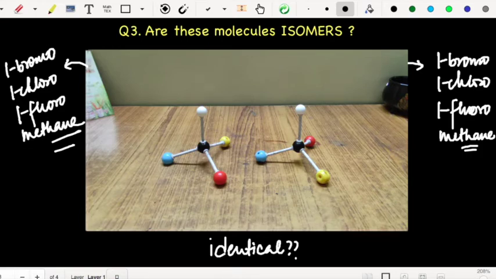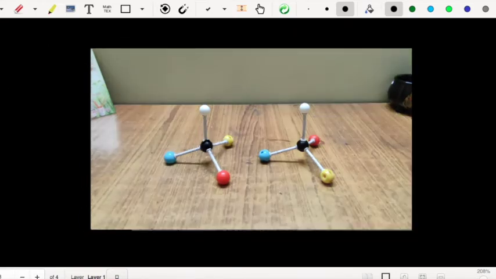There is some difference. In this molecule, we have a carbon atom at the center. We have a hydrogen atom out here, a bromine atom out here, and as you can see, we have the iodine atom coming towards us, while the fluorine atom is facing away from us. This is the molecule on the left.